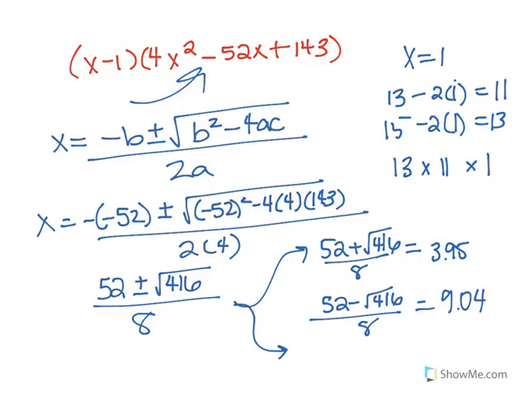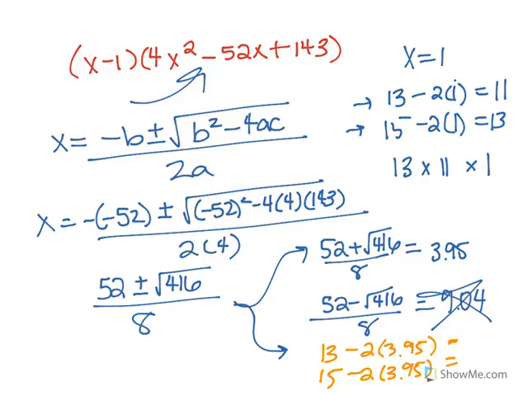This isn't going to work, because if I try to take away 2 times 9 on either of these, it's not going to work. So this one is extraneous. The first one should work. So our dimensions could also be 13 minus 2 times 3.95 and 15 minus 2 times 3.95, which gets us 7.1 and 5.1.